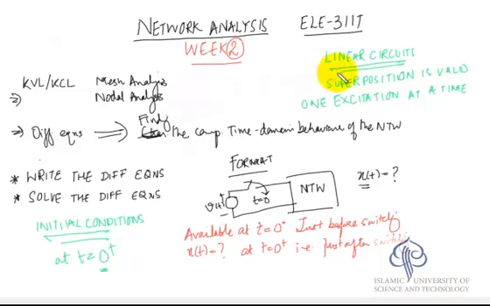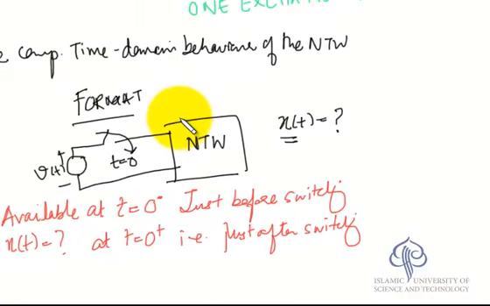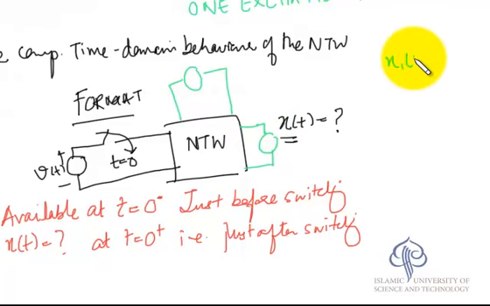So throughout this course, we'll be talking only about linear circuits. That's why we have linear ODEs modeling the circuit. And we have to remember that the superposition principle remains valid throughout. So if you have a network with multiple excitations, that's not a problem. We can take one excitation at a time, find out the responses due to different excitations, and then simply add the responses to get the final response of the circuit.